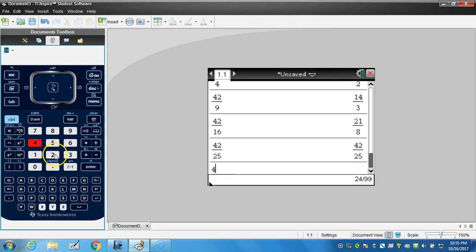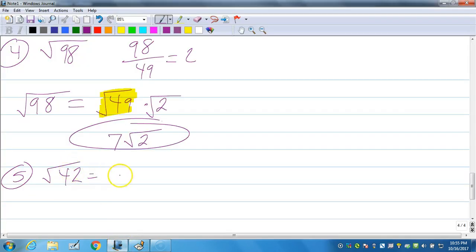Now 42 divided by 36. Now 42 divided by 49. Wait a minute. When the bottom number is bigger, then you went past the top number. And when that happens, you're done. You cannot do anything, which means the square root of 42 is the square root of 42. It cannot be simplified. That's how you figure out whether you can simplify it anymore. When the bottom number gets bigger than the top number when you're dividing, you stop.